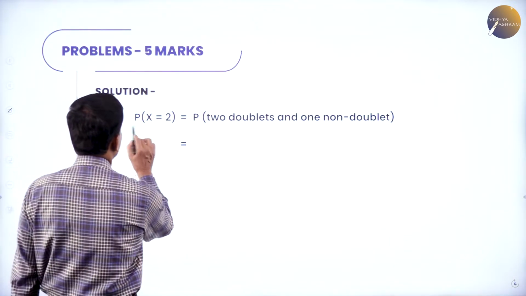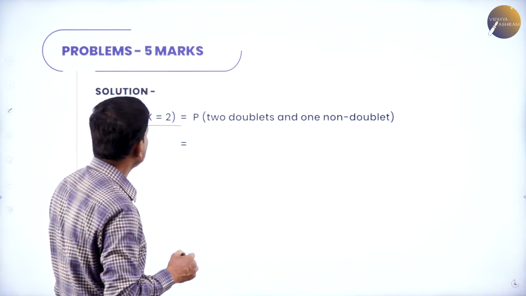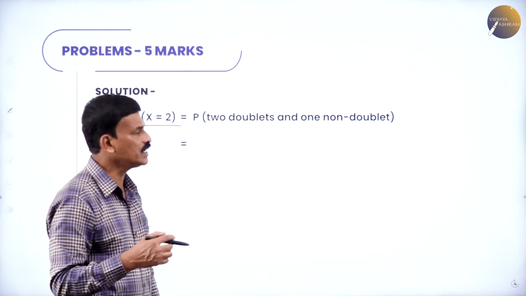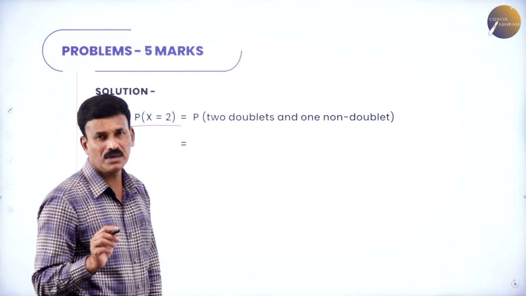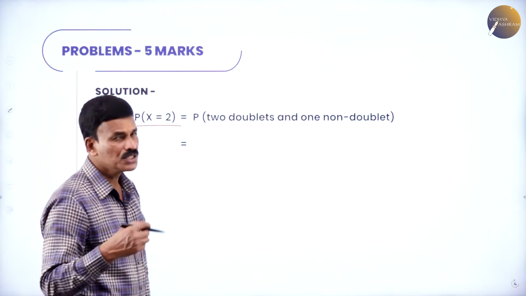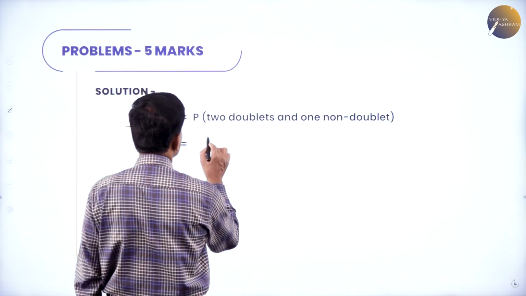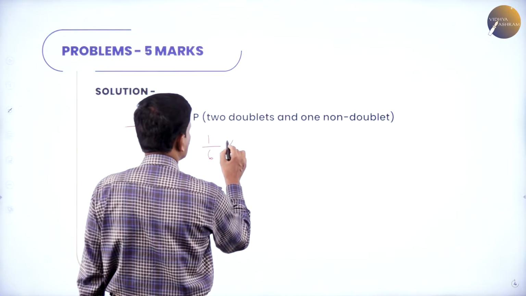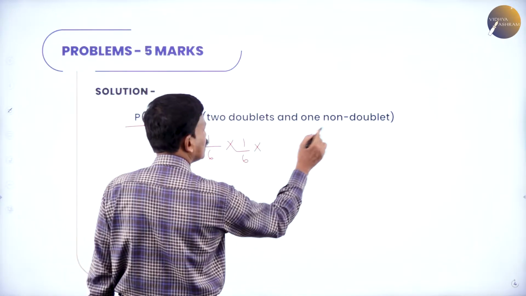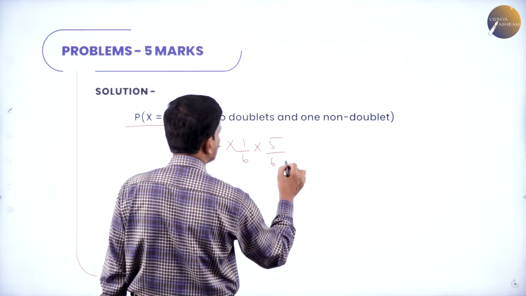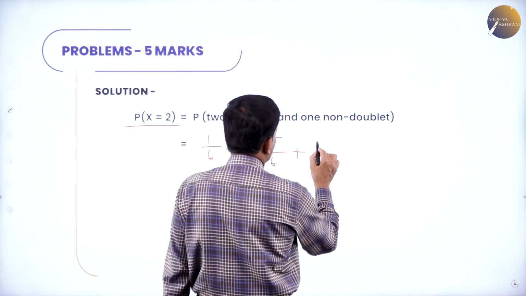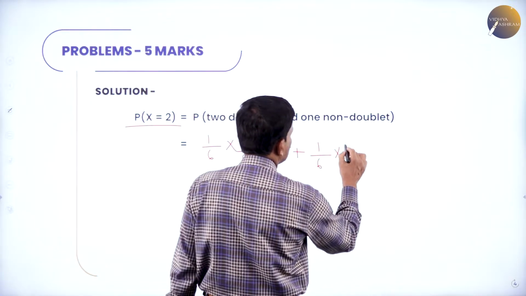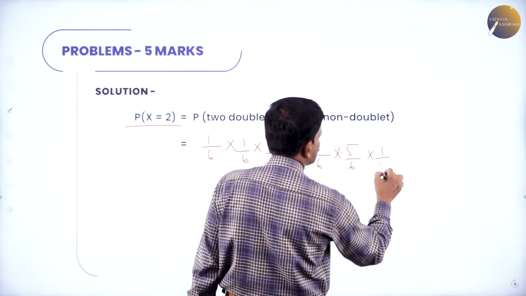What is this? When x is equal to 2, the probability of two doublets and one non-doublet. So here also the two doublets means first one is a doublet and second one is also a doublet and the third one is a non-doublet. Plus similarly the first one is a doublet, second one is not a doublet, again third one is a doublet.